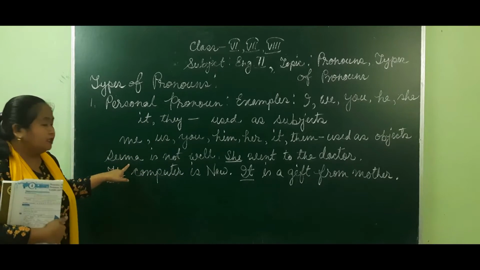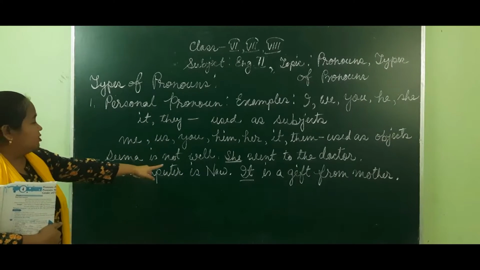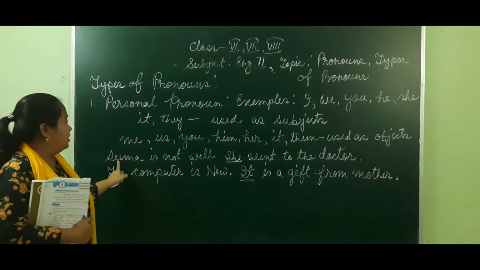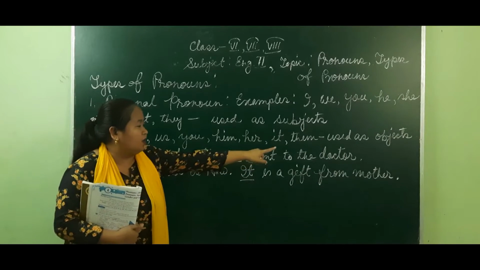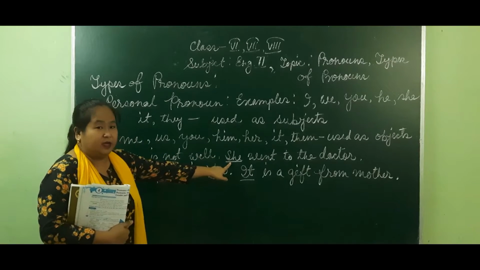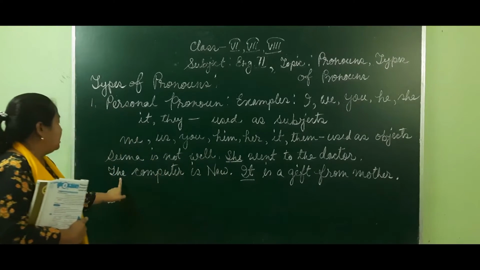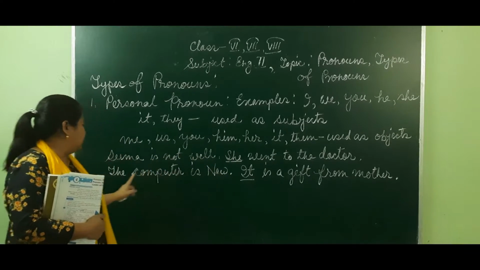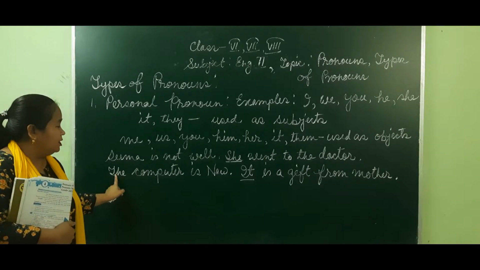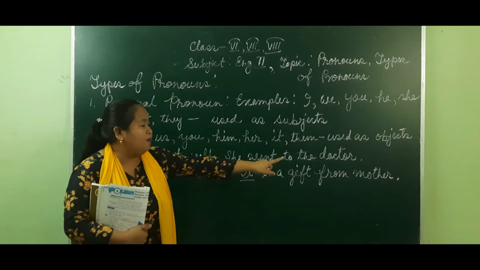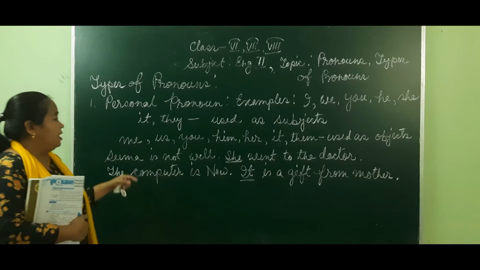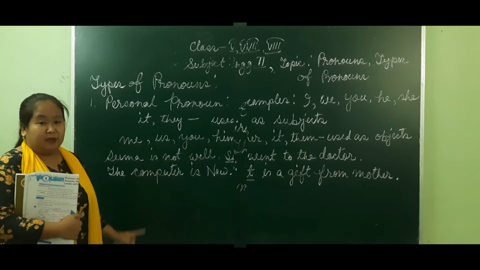Here is a sentence example: Sima is not well. In place of Sima, we replace she. She went to the doctor. Sima is a person, so we replace she here. And the computer is new. The computer is not a person, so in place of computer, we use it. It is a gift from mother. So these are examples of personal pronouns.